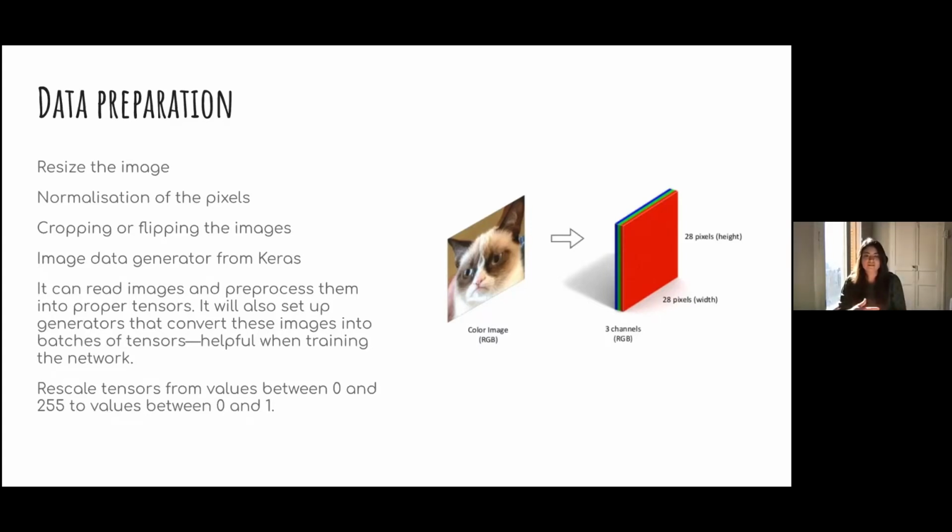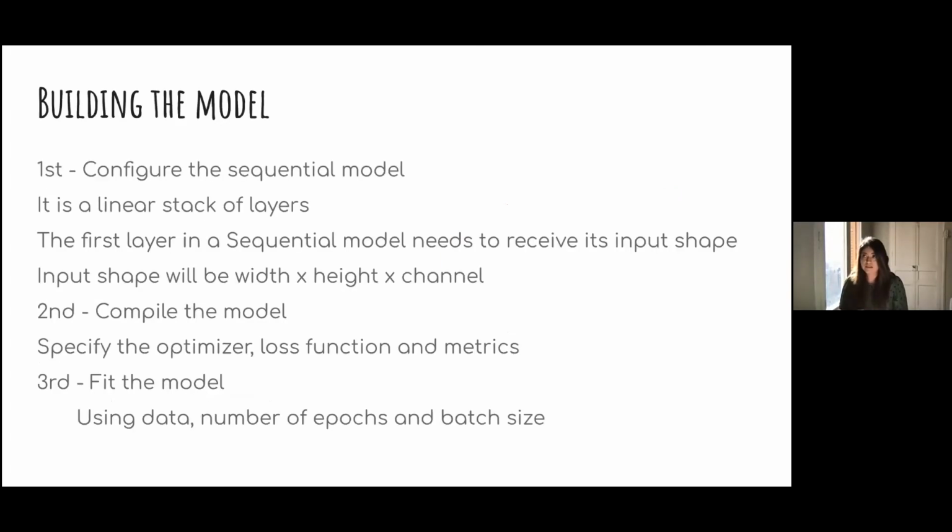Then the image will be converted into tensors, so it can be read by the convolutional network. So this phase is important because later we will see about overfitting. We will define overfitting, and you will see why the data preparation is also important in the process.